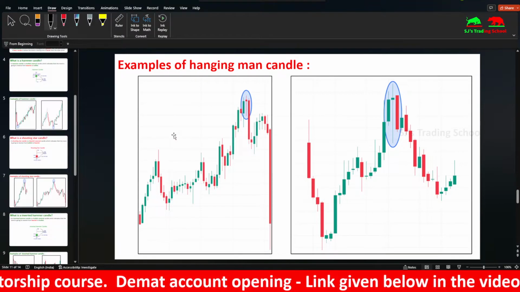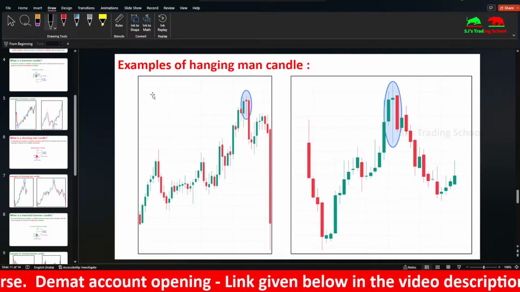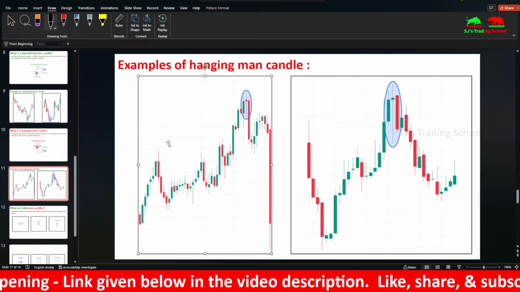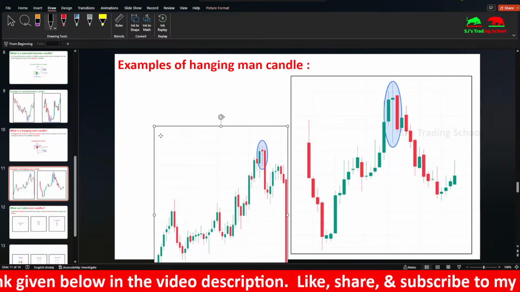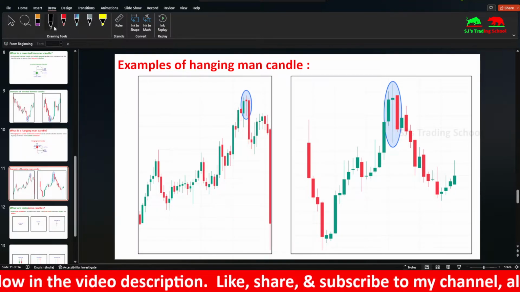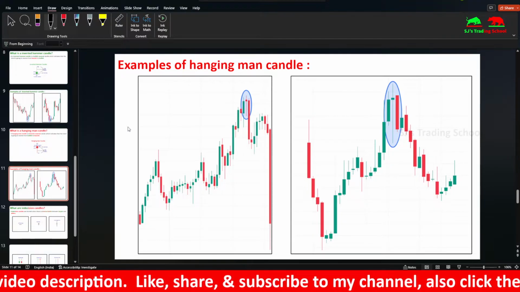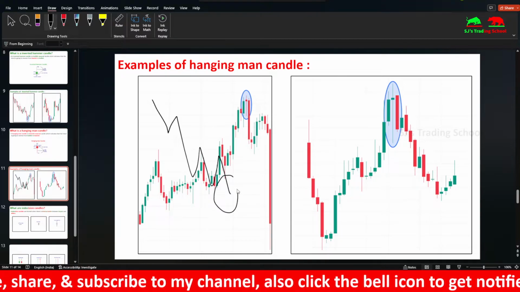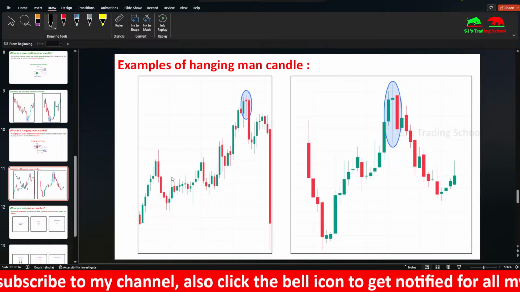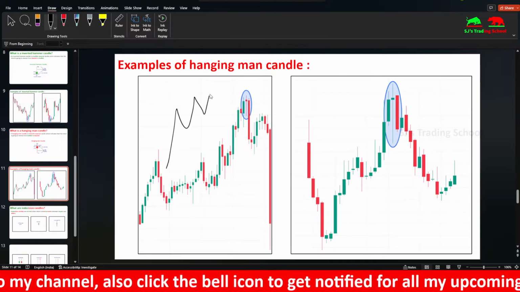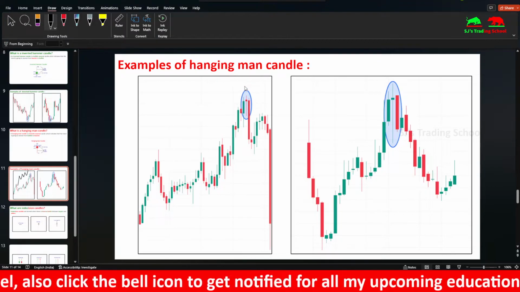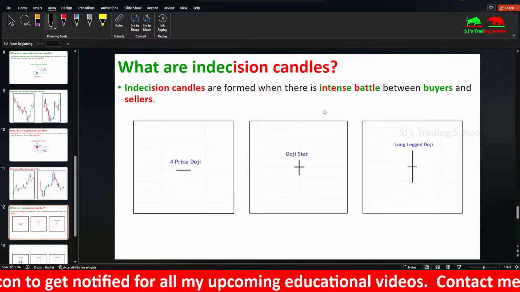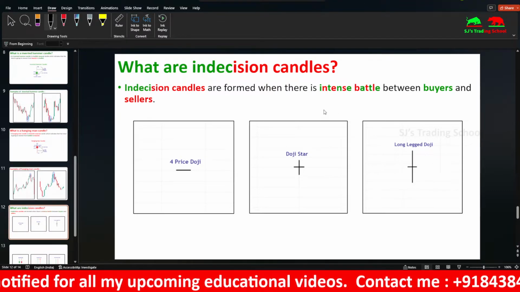Hammer and inverted hammer always form after a downtrend, whereas shooting star and hanging man always form after an uptrend. Next we are going to see some indecision candles.